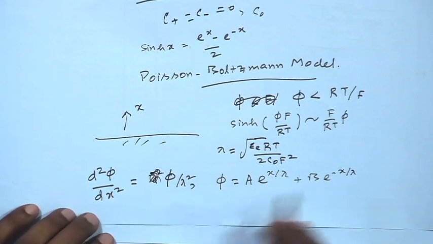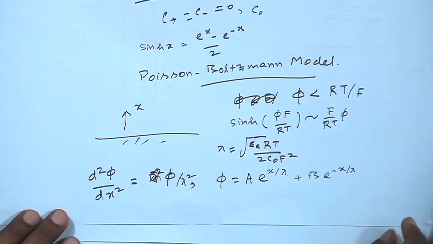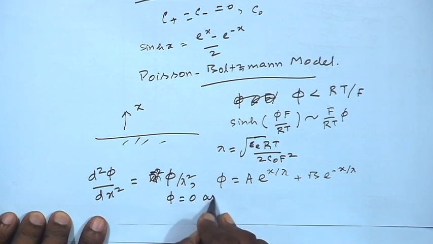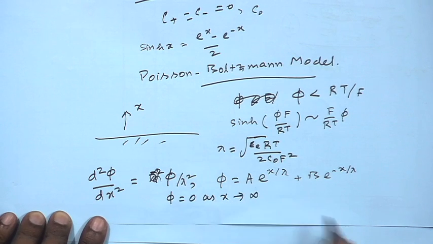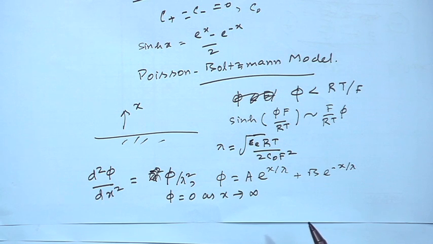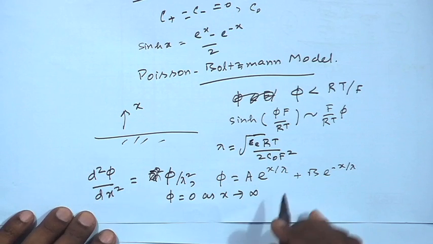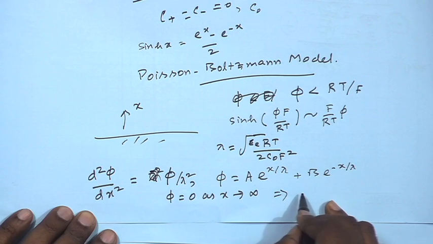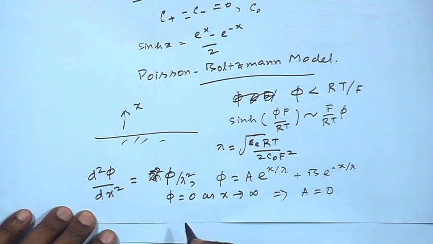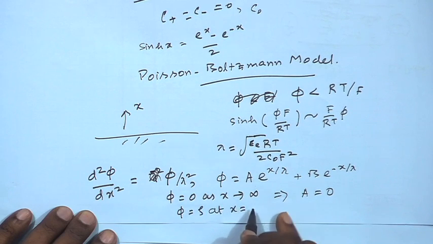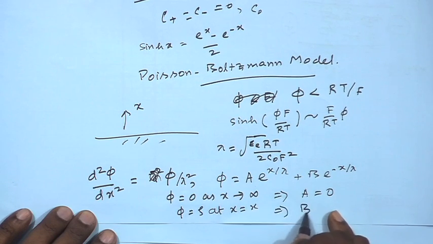Now, the conditions given are phi equal to 0 as x tends to infinity, because the electric potential in the bulk is neutral. Whatever constant value phi approaches, we can subtract it and take phi equal to 0. So, this implies that a is 0. Now, if you have phi equal to zeta at x equal to 0, you get b equal to zeta.